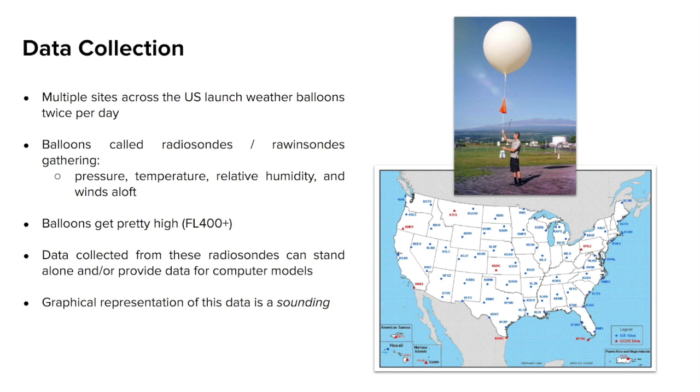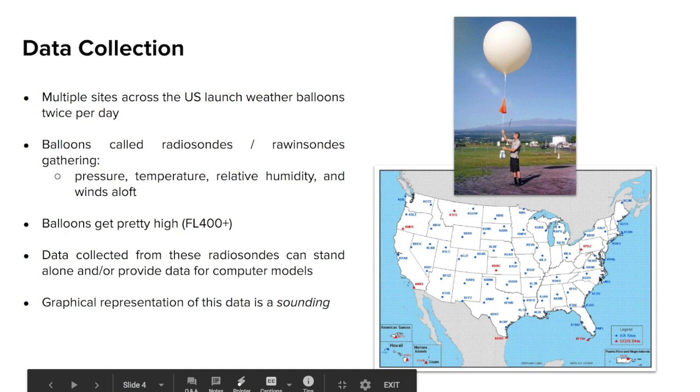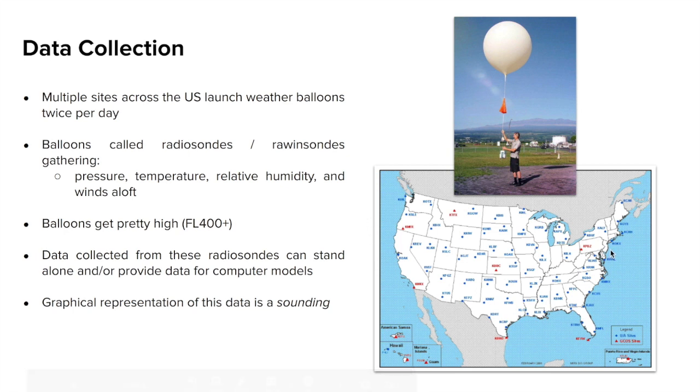Okay, before we go into a Skew-T diagram, I'll talk very quickly about data collection methods for Skew-T. Apparently there are multiple sites where we still launch weather balloons, my understanding is twice per day. Down here on the right is roughly the areas where these weather balloons are launched.